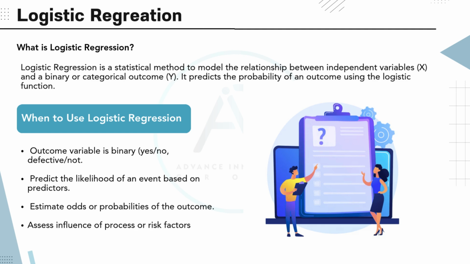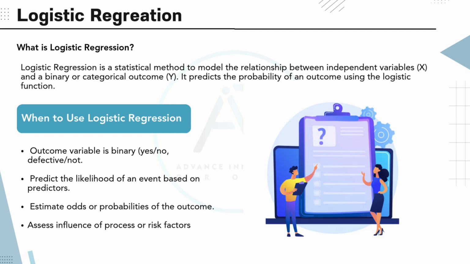Unlike linear regression, which predicts continuous values, logistic regression is used when the outcome variable is categorical, specifically binary or discrete in nature. We use logistic regression to model the relationship between one or more independent variables, x, and a dependent variable, y, that can take on limited values, usually in binary form like yes, no, pass, fail, or defective, not defective.